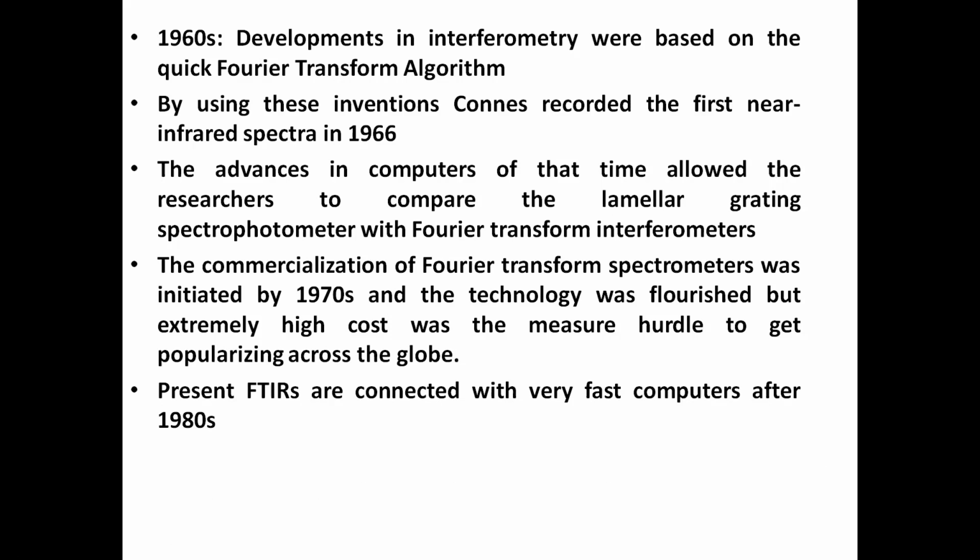By using these inventions, Pons recorded the first near infrared spectra in 1966. On the basis of this invention, the advances in computers of that time allowed researchers to compare the lamellar grating spectrophotometer with Fourier transform interferometers. And the Fourier transform interferometer was found better in comparison to the lamellar grating spectrophotometer.